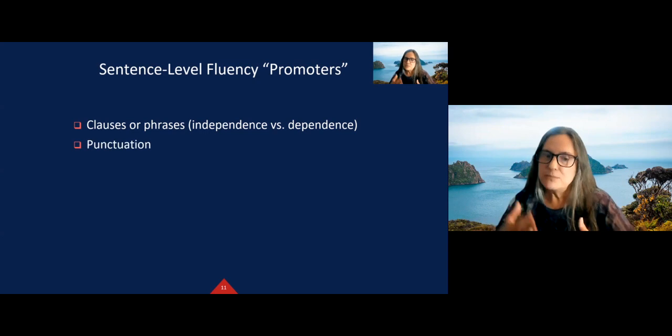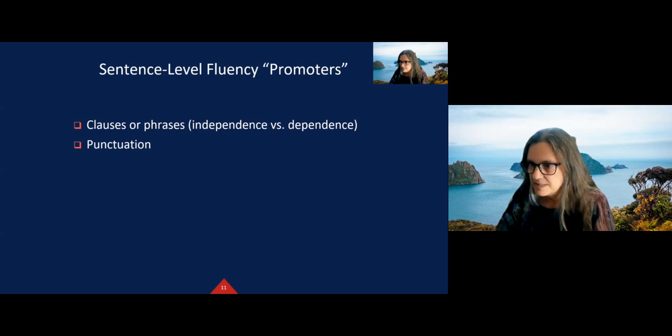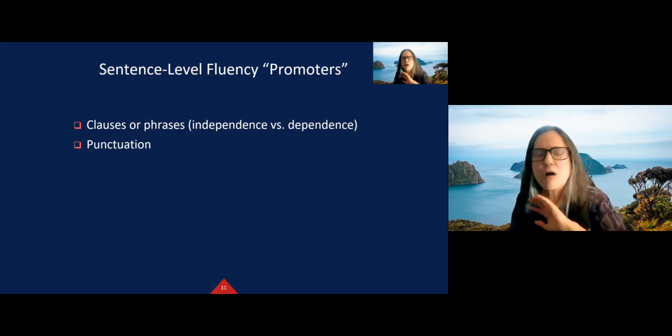Punctuation with combining clauses and phrases, with using transitional words. That can be especially semicolons and commas. Those two punctuation marks are used a lot with various forms of sentence combining. Colons are too. Colons, the two dots, those are awesome.